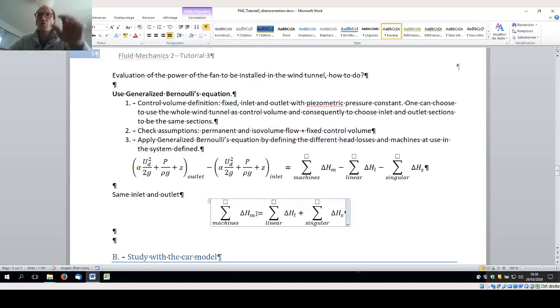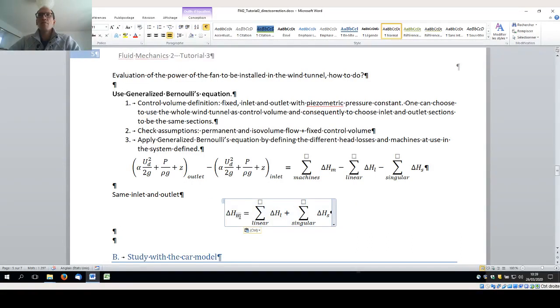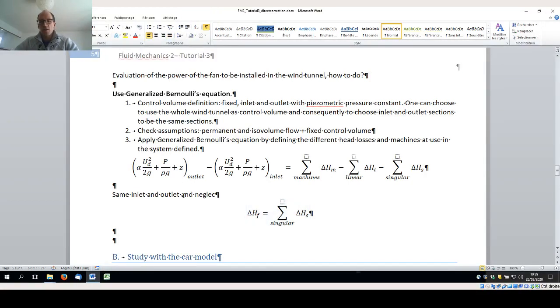So in terms of machines, what do we have? We have the fan, which is one machine. It is said in the subject that the linear head losses are neglected.